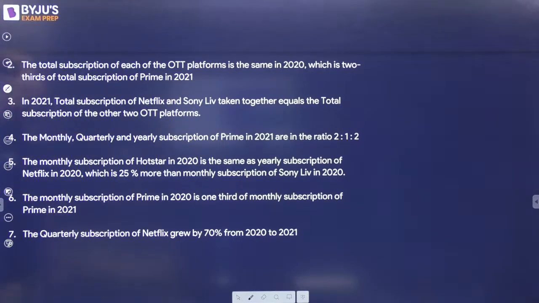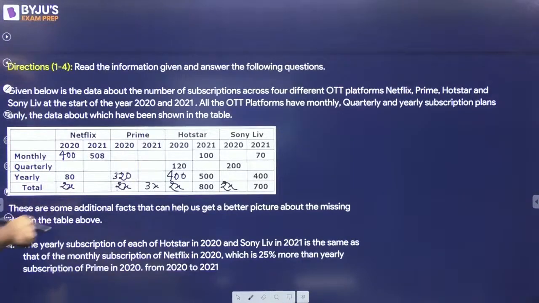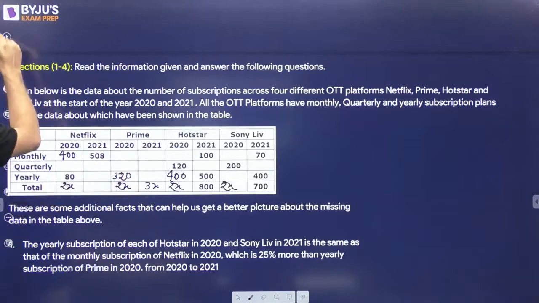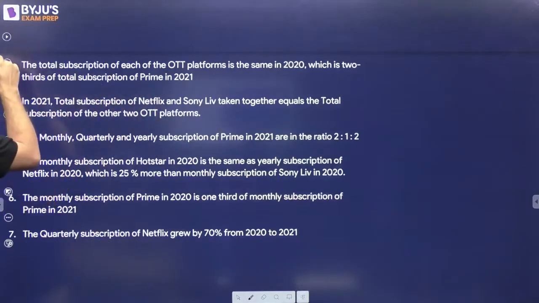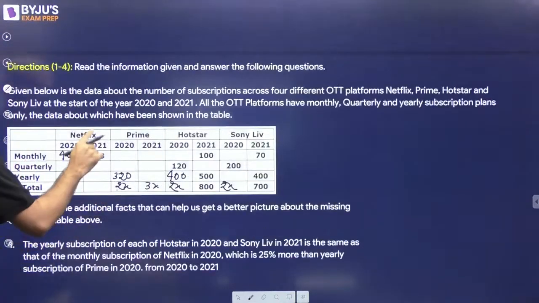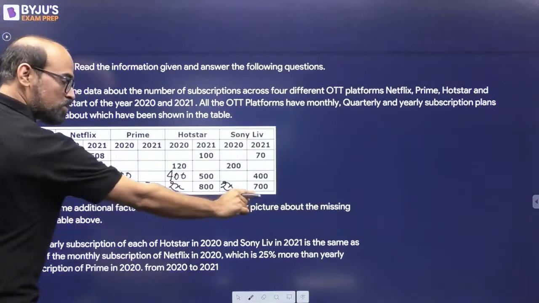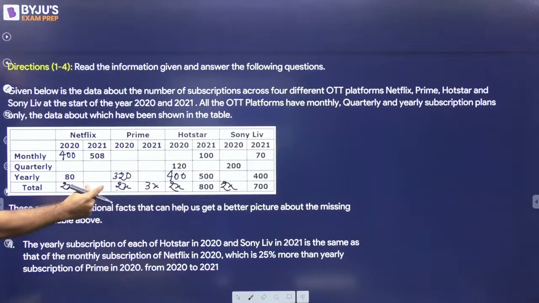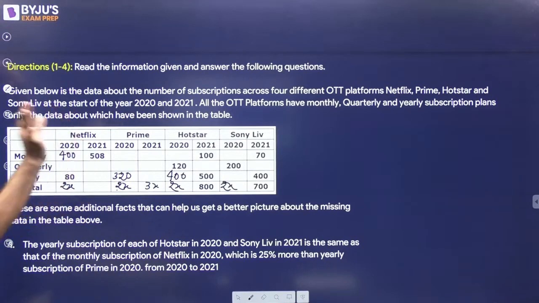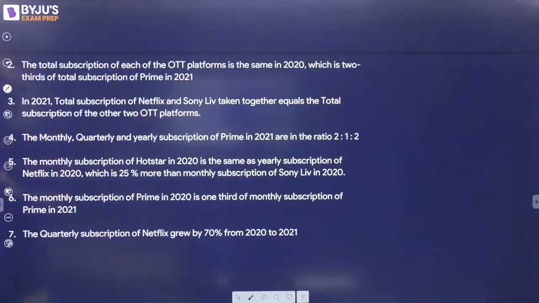Next point says in 2021, total subscription of Netflix and Sony Live taken together. So we will go to 2021. Total subscription of Netflix and Sony Live together. In Sony Live, we already have 700. Netflix in 2021 total would be some number we will have.